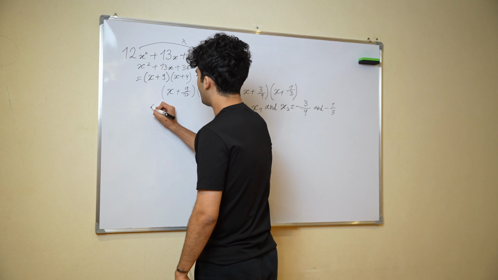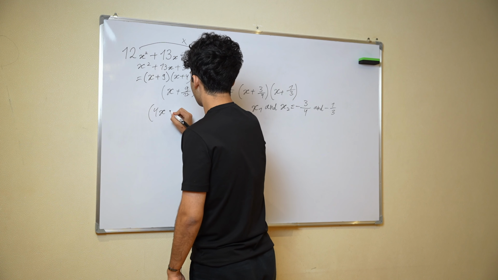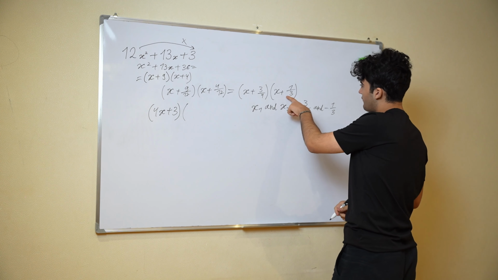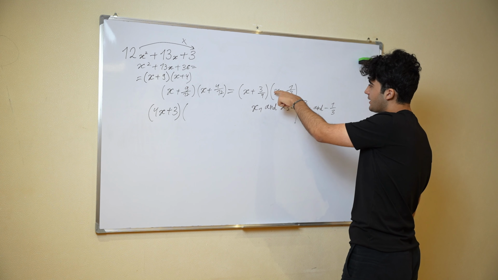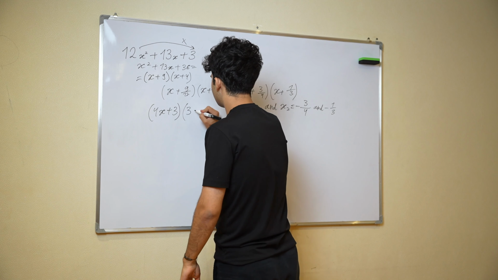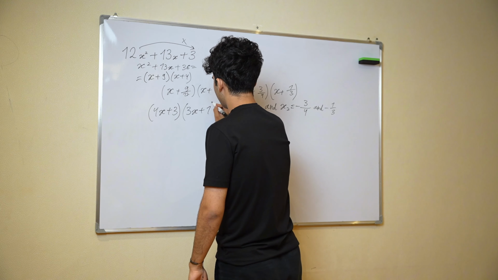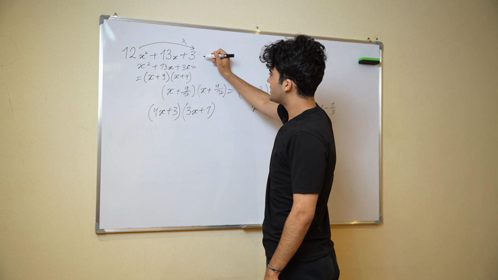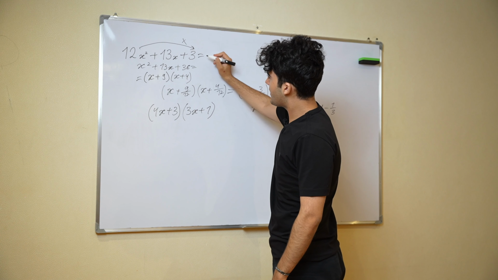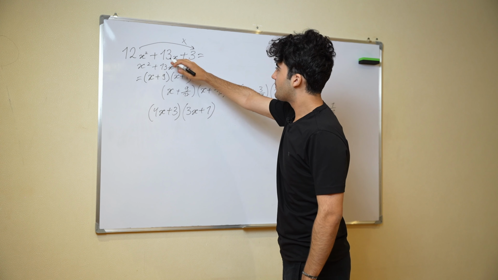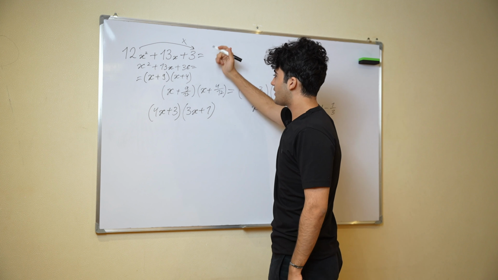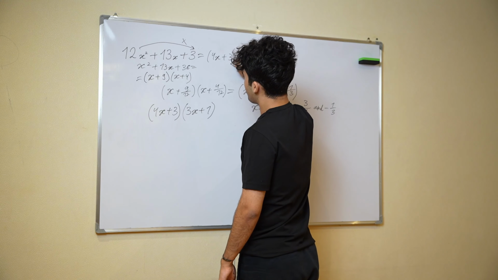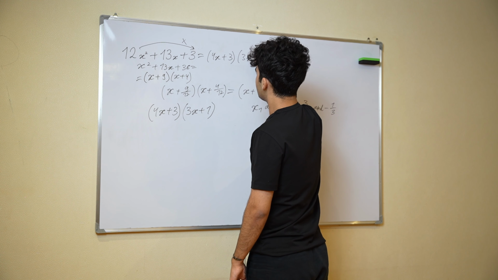So we're going to have 4x plus 3. And then we put the 3 here, and we get 3x plus 1, okay? Bam, that's it. We factored this trinomial, we got 4x plus 3 multiplied by 3x plus 1.